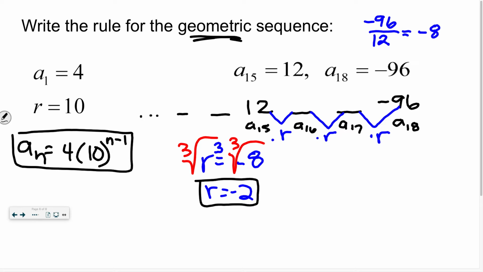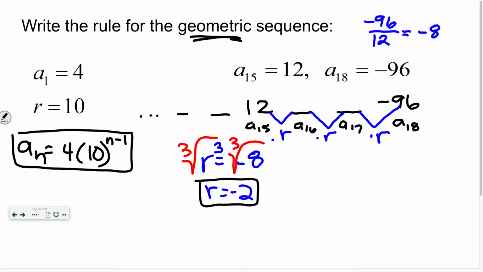I'll say there's a long way to do it. Start at 12. Divide by negative 2, that's the 14th term. Divide by negative 2, that's the 13th. Divide by negative 2, that's the 12th. Divide by negative 2, that's the 11th term. That's a lot of keeping track, right? But it's a valid method. If we do what you did for the 96 and count 11 spaces back, and multiply by negative 2 the number of spaces, just do it all at once. Oh, I know what he's asking.